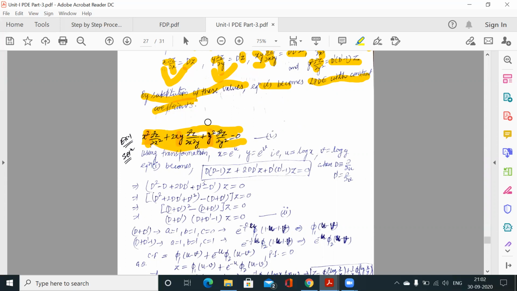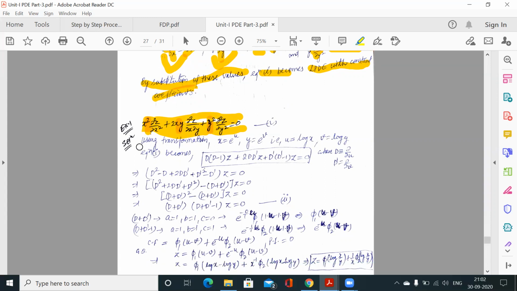In this form we cannot apply the complementary function and particular integral to get our solution, because the coefficients are not constant. We know these methods are applicable when the coefficients are constant. So first we have to convert these variable coefficients into constant coefficients.